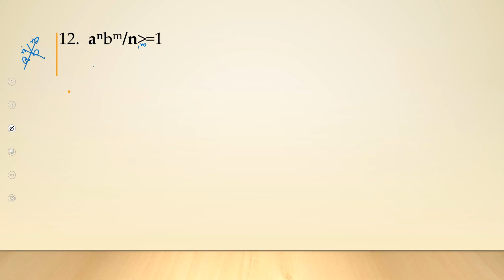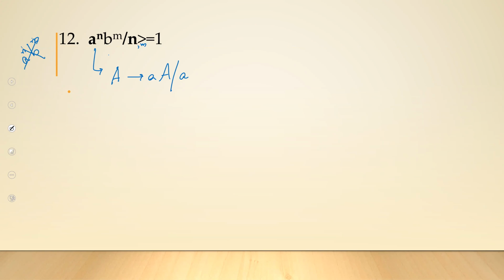I'll first write for A raised to N. A is AA or A. I'm writing A over here because it is greater or equal to 1. If it was greater or equal to 0, I would have given an epsilon.